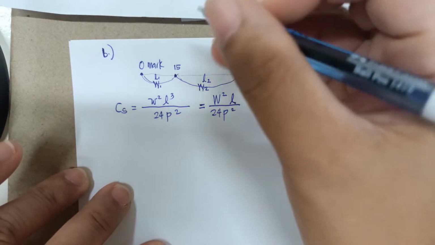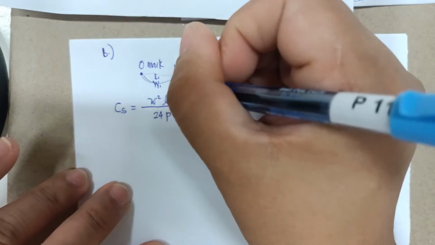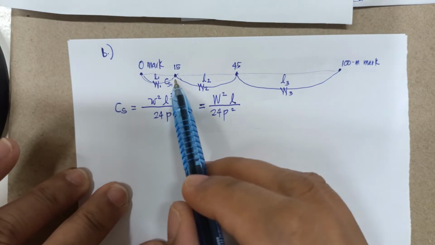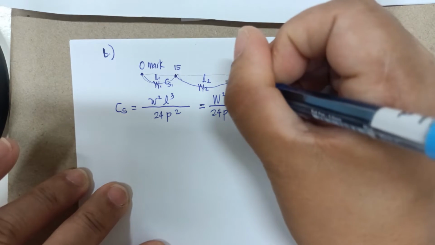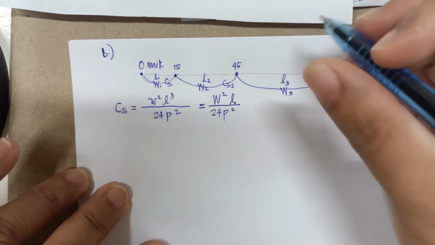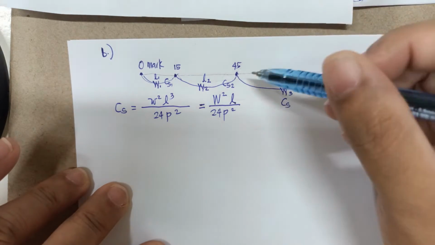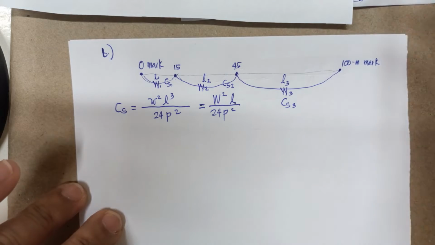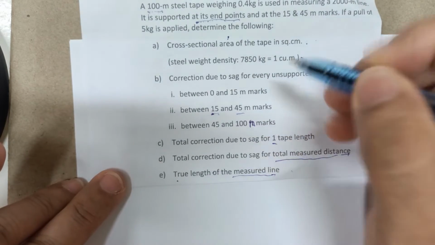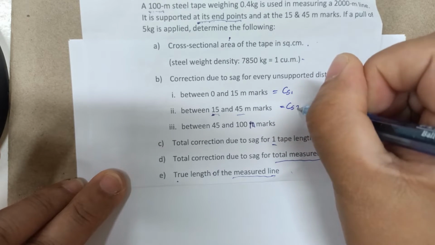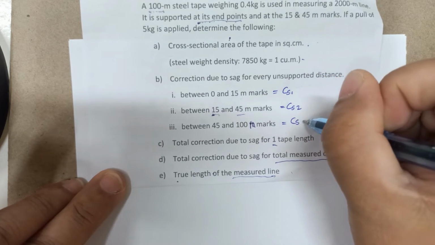Let me also call the sag correction CS sub 1, the correction between 0 to 15, and then CS sub 2 for the correction between 15 to 45, and the sag correction between 45 to 100 to be CS sub 3. So this is basically the requirement. This is your CS sub 1, this is the CS sub 2, and this is the CS sub 3.